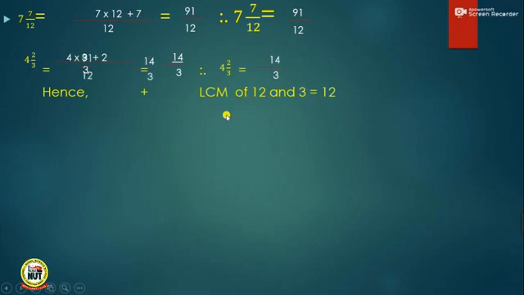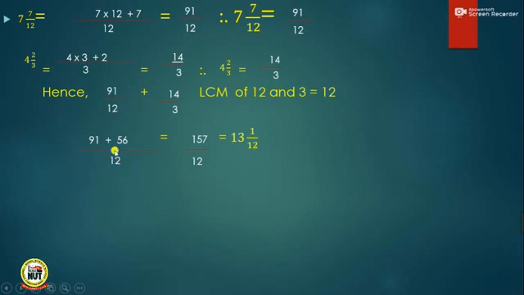Just like in the first case, we're going to look for the LCM of the denominators. The fractions are 91 all over 12 plus 14 all over 3. The LCM of 12 and 3 is 12. So you draw your line and write 12.